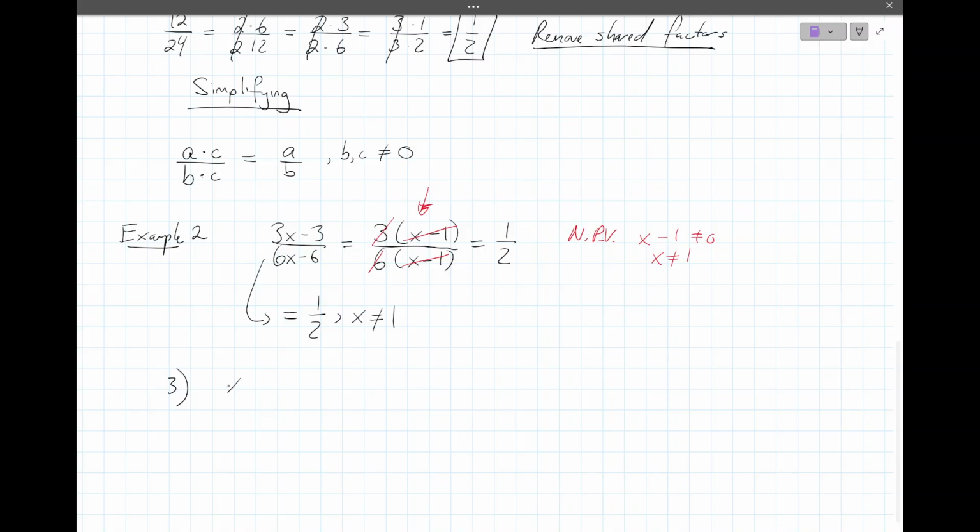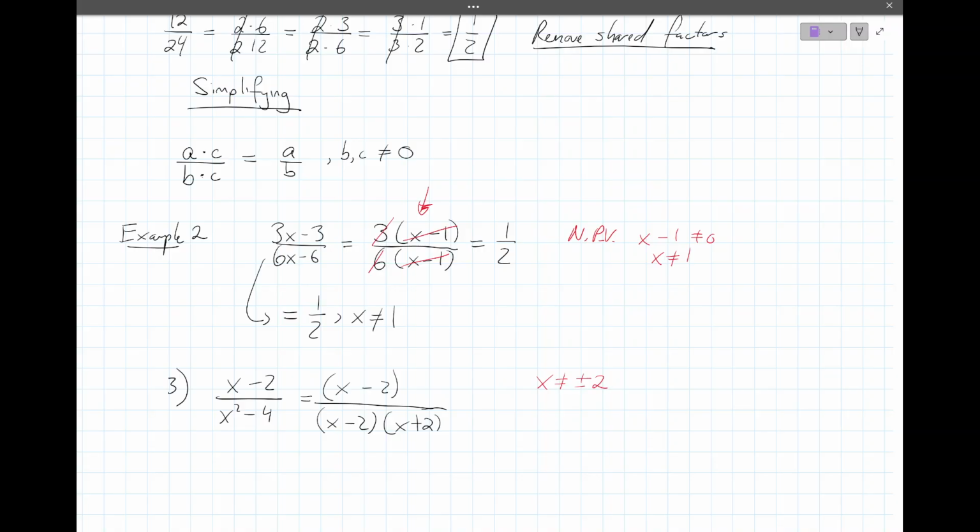Let's try another. If I have x minus 2 over x squared minus 4, we can't do anything on the top. The top belongs as one factor, but I can factor the bottom and turn it into multiplication, and I'll get x minus 2 over x minus 2 times x plus 2. Here, my non-permissible values: x cannot equal plus or minus 2.